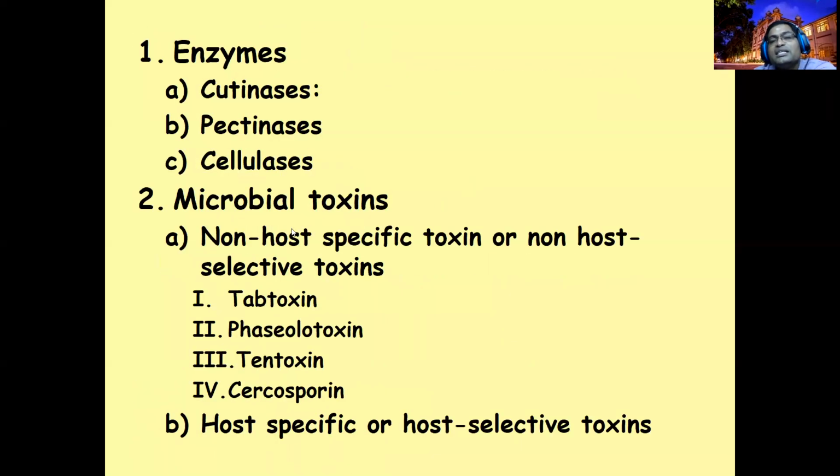The second category is the microbial toxins. There are two different types of microbial toxins: one is host-specific microbial toxin, and the other is host non-specific microbial toxin. Right? We will study this next class and continue the rest of these chemical weapons of the plant pathogen.